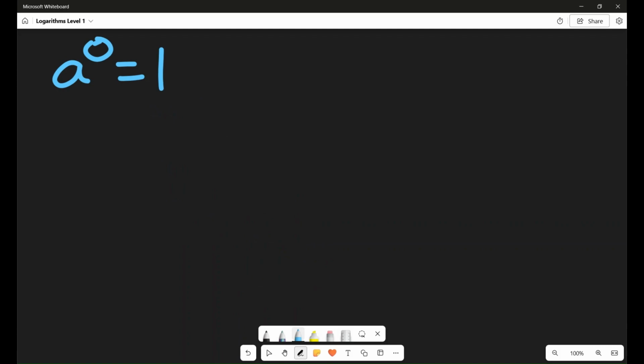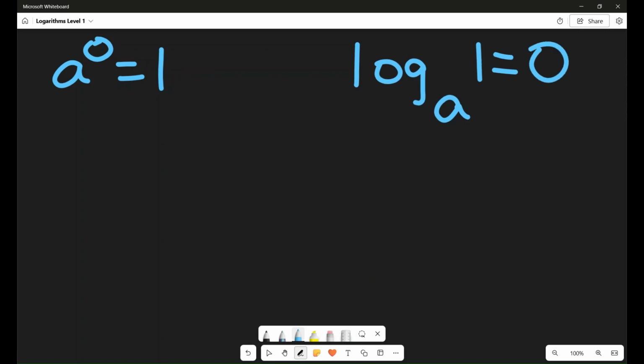How do we write that in logarithm form? Well, that's just the same thing we've been practicing this whole time. So it's log base a of 1 is equal to 0. So log base anything of 1 will always be equal to 0. That's a property, right?